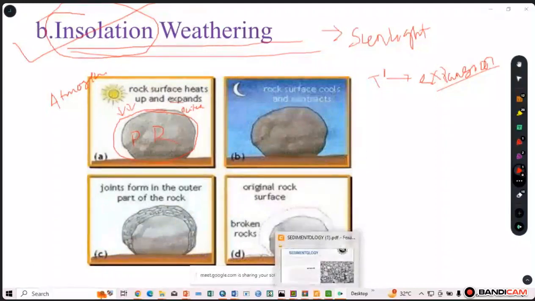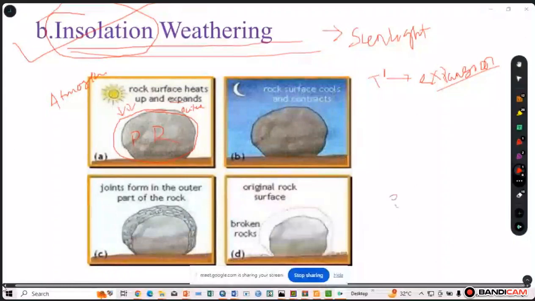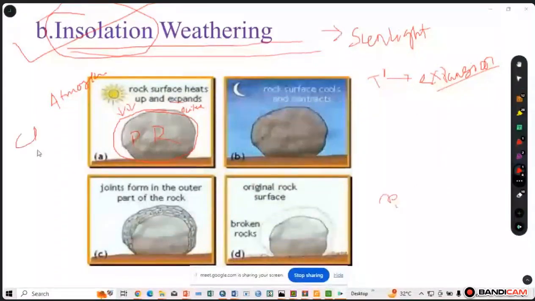This process mainly occurs during the day. During the day, the exposed rock receives sunlight, the outer surface of the rock gets heated, and it expands. But during the night, the rock cools.